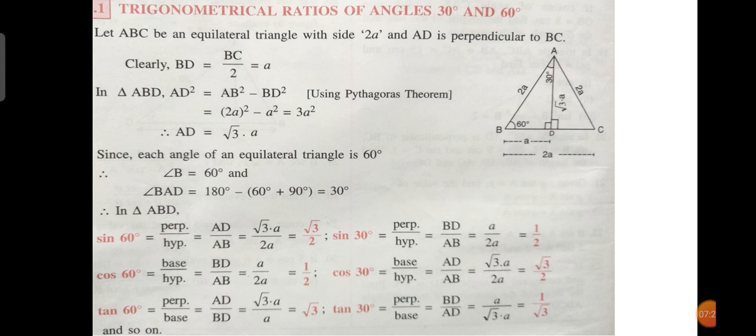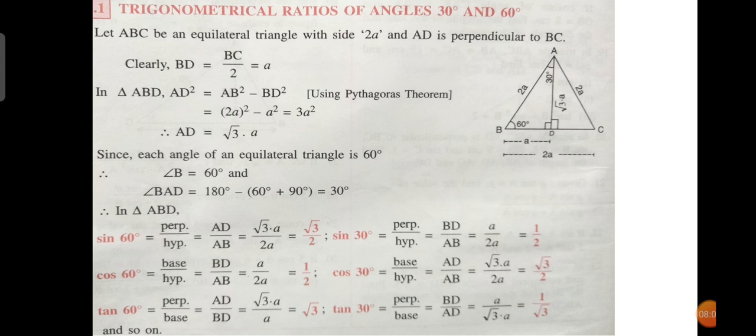You have to know these equations thoroughly. So sine is perpendicular divided by hypotenuse. The perpendicular is AD, divided by AB, that is root 3 into A divided by 2A. The answer is root 3 by 2. So sine 60 degree is root 3 by 2.